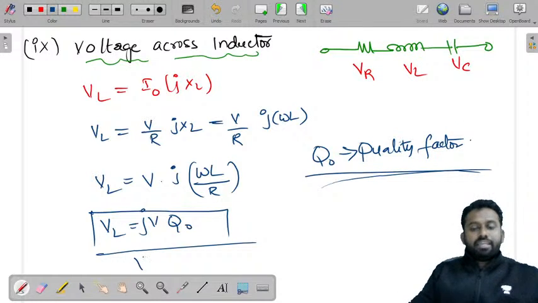Or you can also write VL as VQ at an angle plus 90 degrees.